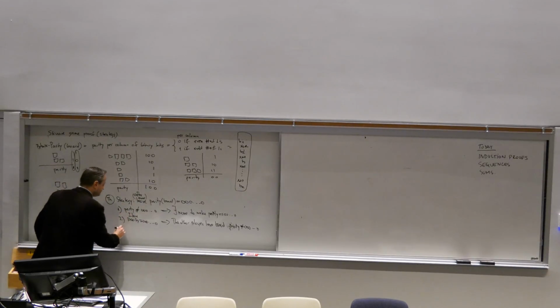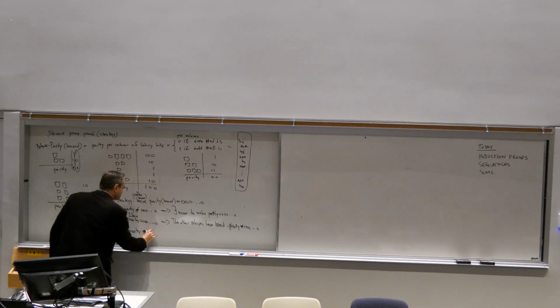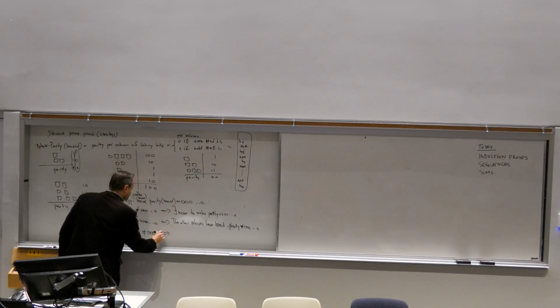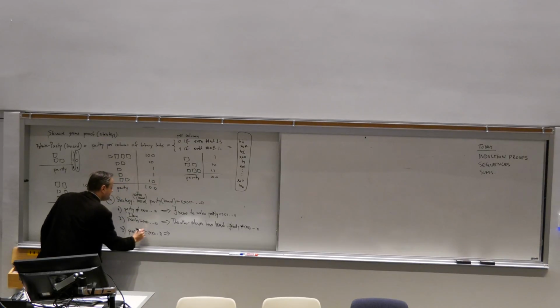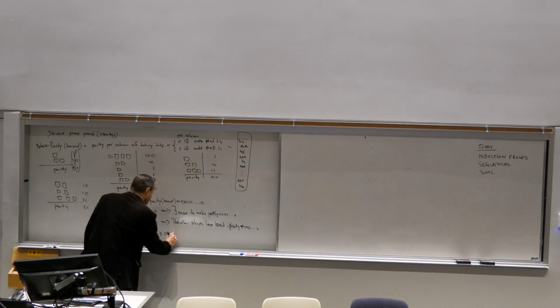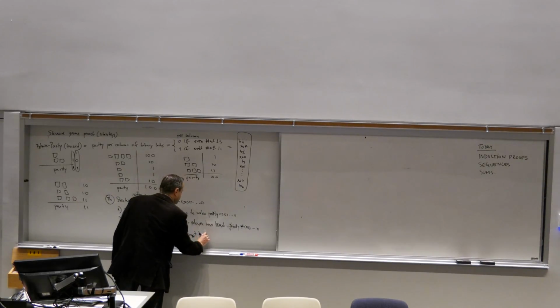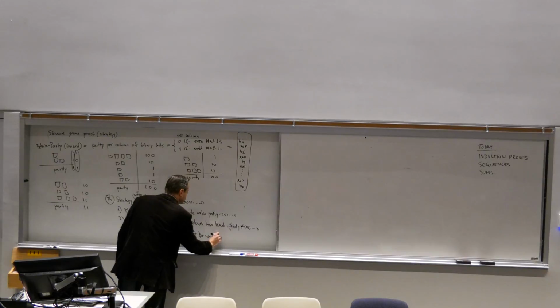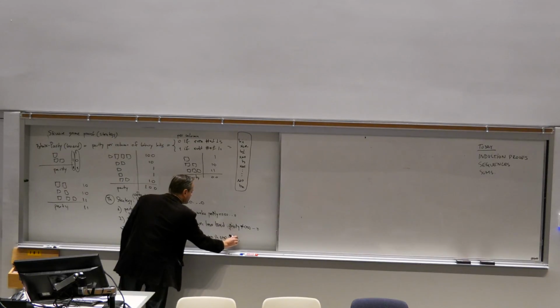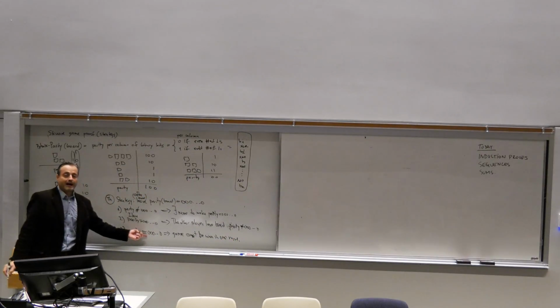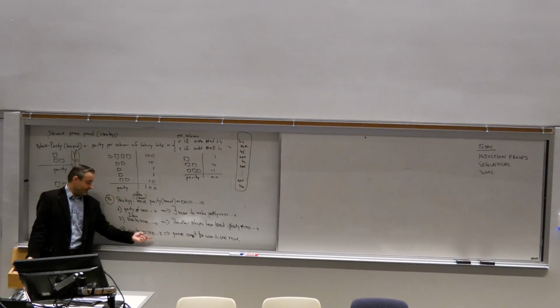And number 3, if the parity is 0, 0, 0, the game cannot be won in one move. So in other words, after I make my move, I leave it at 0, 0, 0, 0.